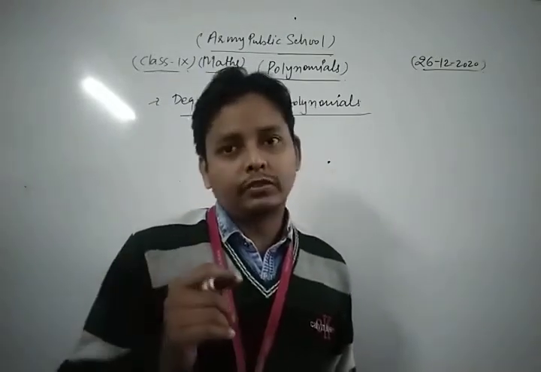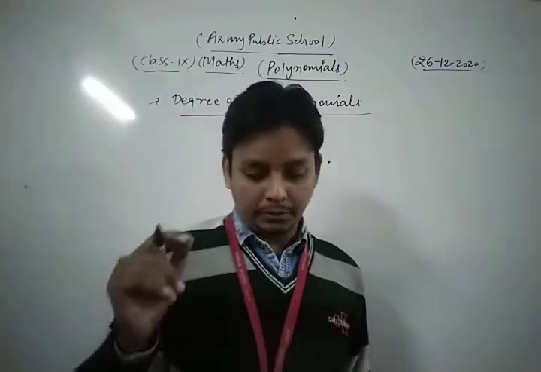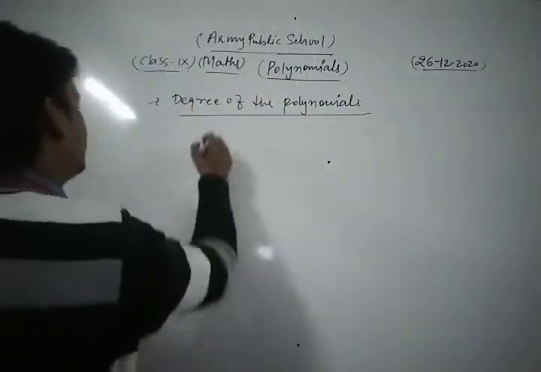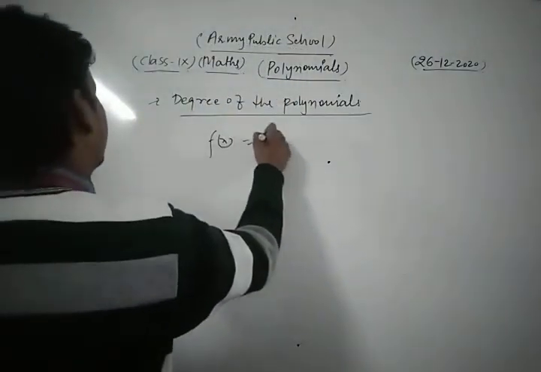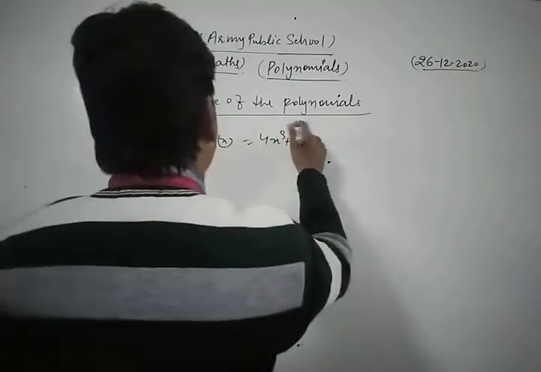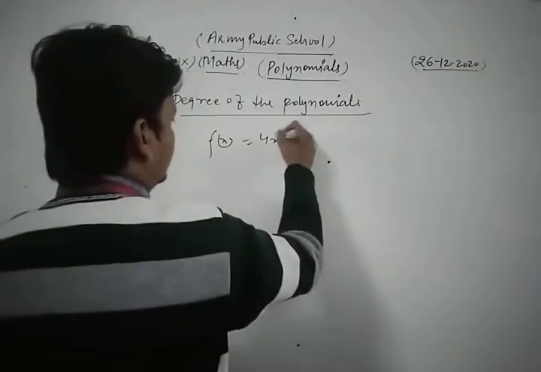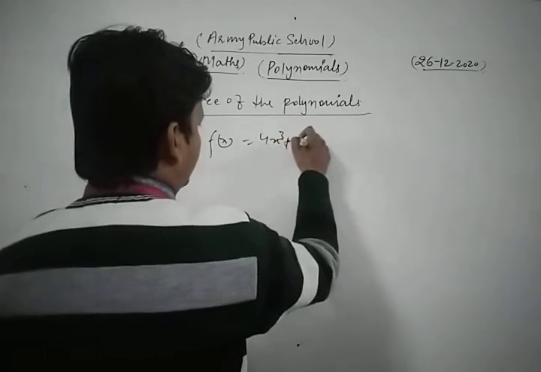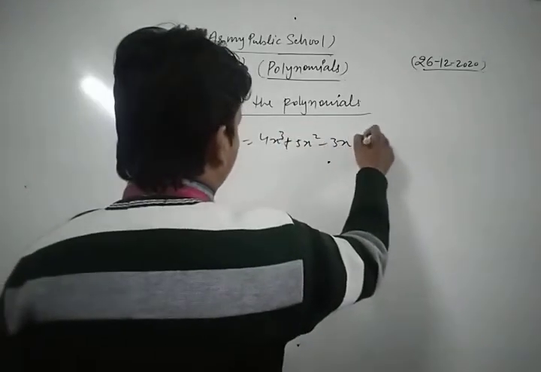It means the highest power of the variable is known as its degree. Suppose we write a polynomial 4x cube plus 5x square minus 3x plus 5.